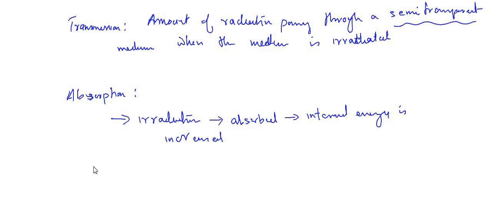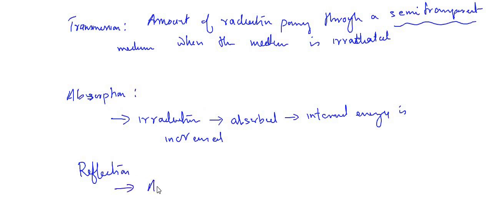And the next is reflection. If a part of the incident radiation is reflected back from the surface, then that is called reflection. This reflection actually doesn't make any effect on the medium.